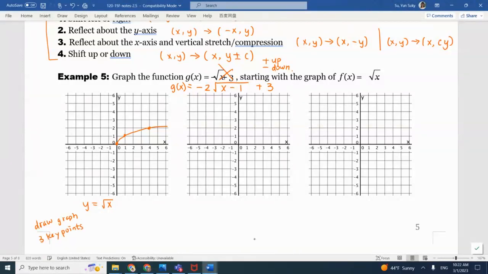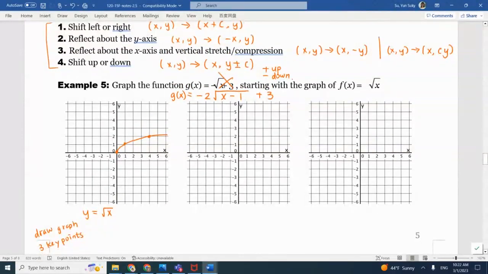It depends on the function. Some functions might have 5 key points, but this one has 3. Okay, now we check. Go down the list. Do we have shift left or right? Look at your x. In the parent function, we only have x by itself in the square root.